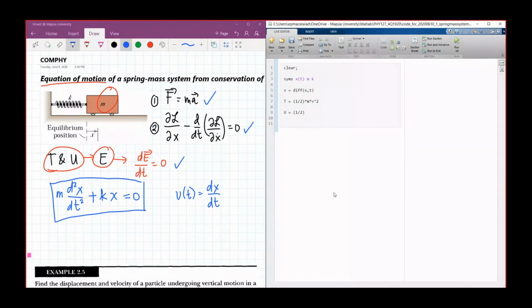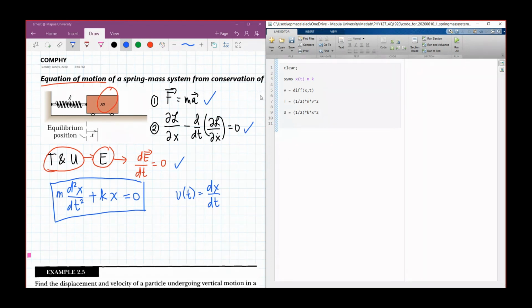Let's have some interaction. Thea, what's the potential energy of a spring mass system? One half kx squared. Okay, very good.